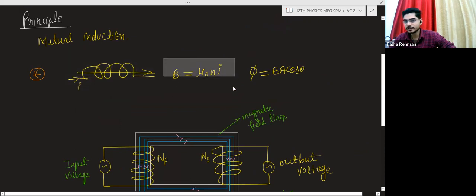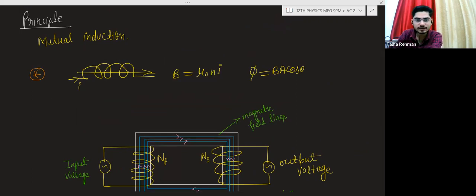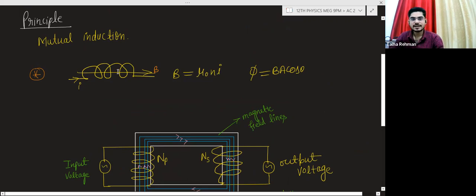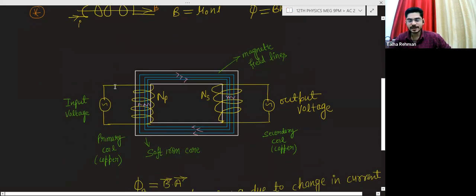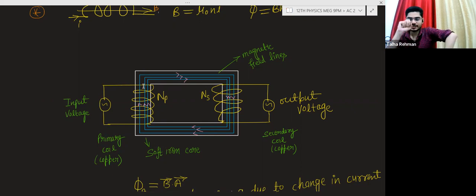There is a magnetic field, and I have told you that the magnetic field is axial, or you can say the magnetic field lines will be axial. So due to this voltage, current flows in this winding, so there will be these magnetic field lines. These are the magnetic field lines, and they are axial. Okay, I think this thing is clear.